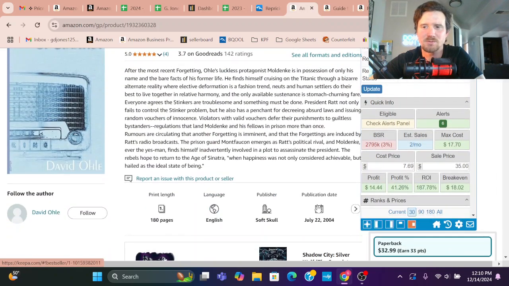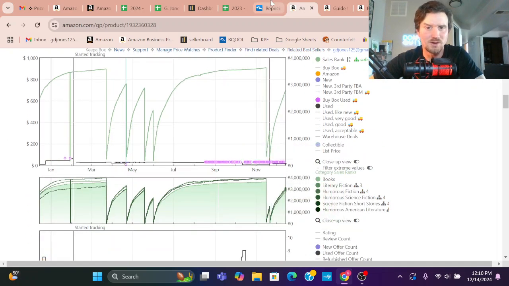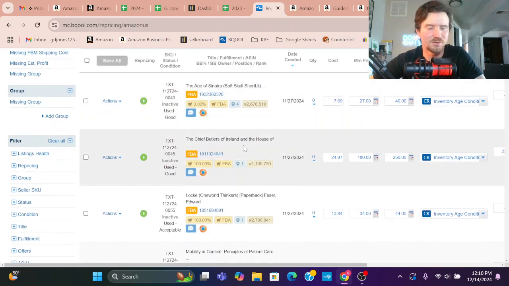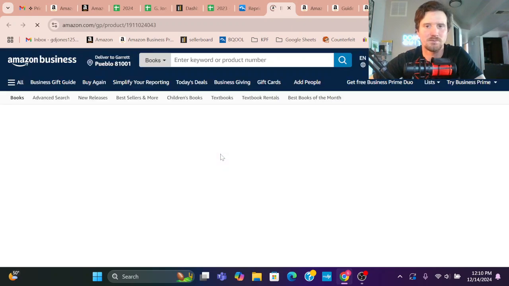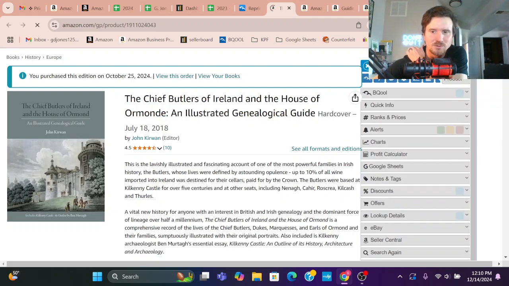Might want to look into my repricer a little bit more and my rules and stuff. I spent a lot of time looking at my repricer and adjusting all these individual books, and it took forever. This one I think is a really good return book.